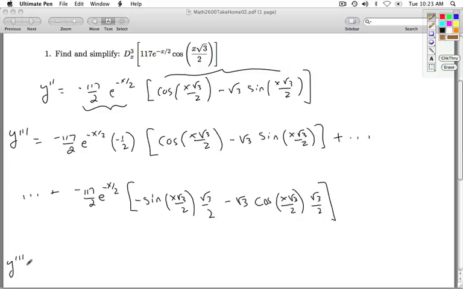And let's see what happens when we simplify this. You know something remarkable has to happen, because I wouldn't have put you through all this torture for nothing. So let's see. I can factor out a negative 1187 over 2 e to the minus x over 2.